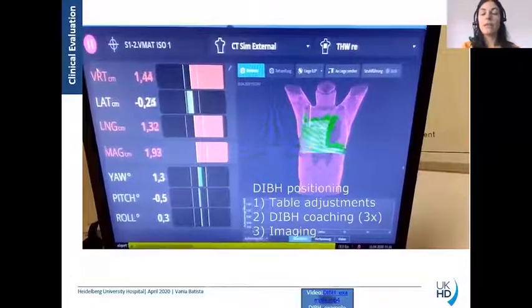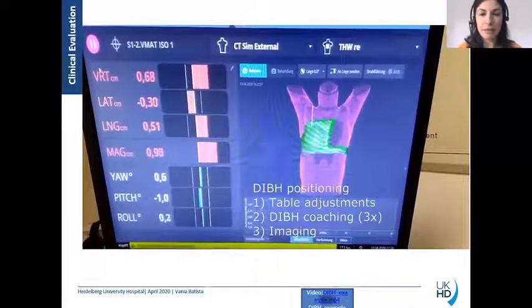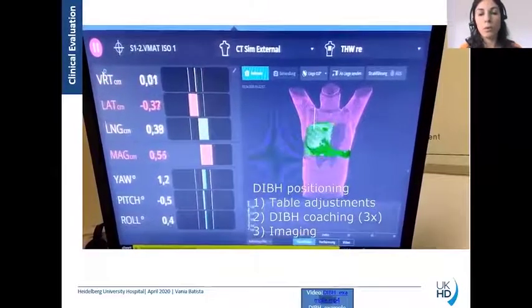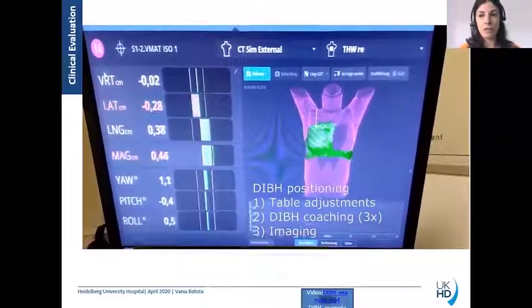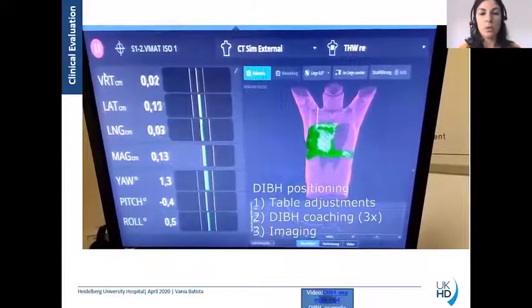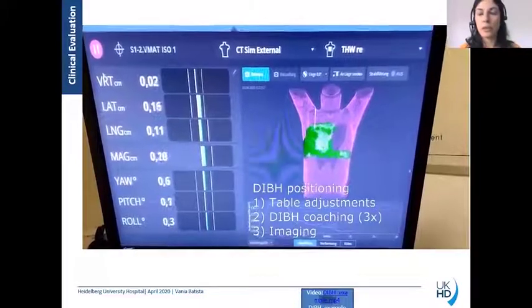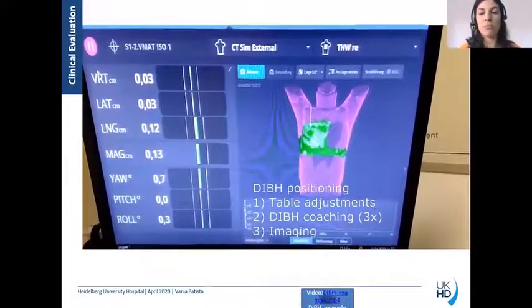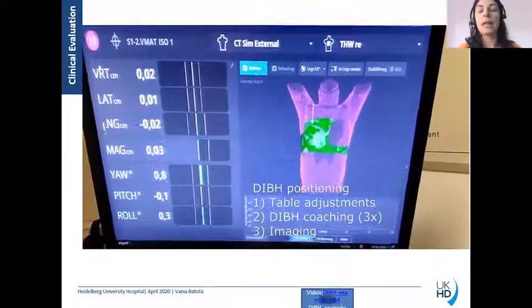Then the information is given to the patient that she should hold the breath. And when the patient is in deep inspiration, we do small adjustments with the treatment table corrections to confirm that you have a perfect match between the two surfaces.